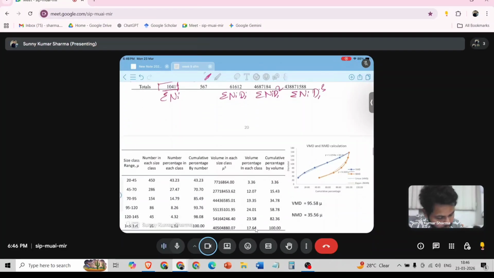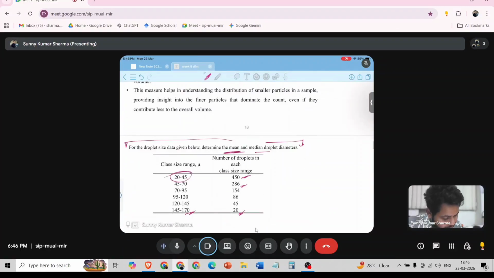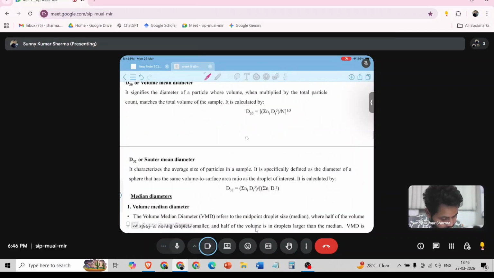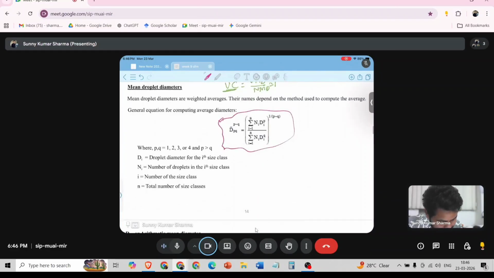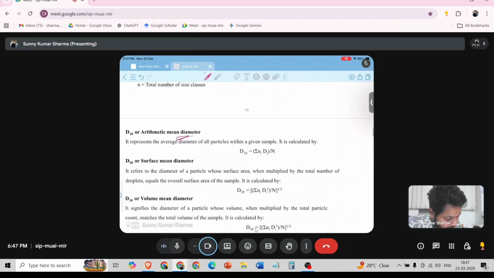So what was the formula for arithmetic mean? First, we need to find all the mean droplet diameters and all the median droplet diameters. The first mean droplet diameter is the arithmetic mean diameter, which is sigma Ni di by n.